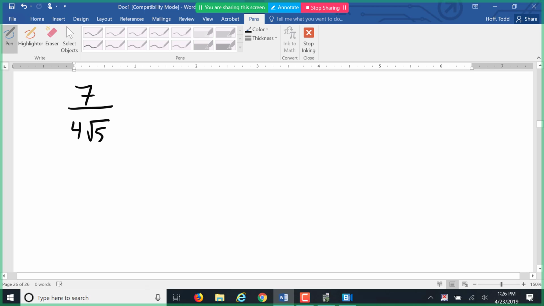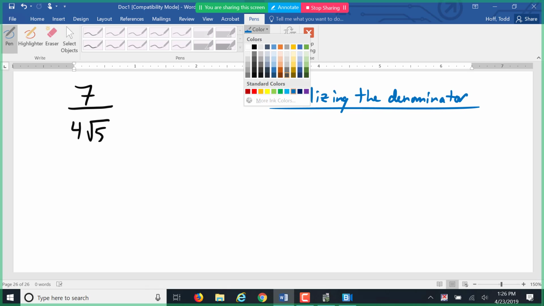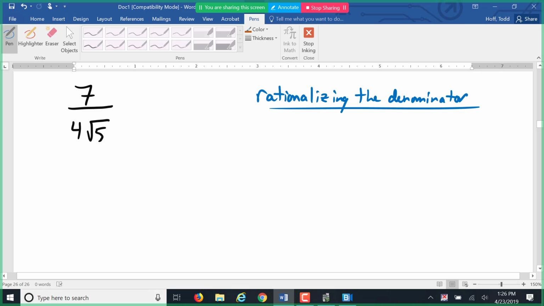Yesterday, when we had a fraction that looked like this, it had a radical in the denominator. We talked about rationalizing the denominator. To do that, if it's just a single digit number like it is here, it's the coefficient and the radical.